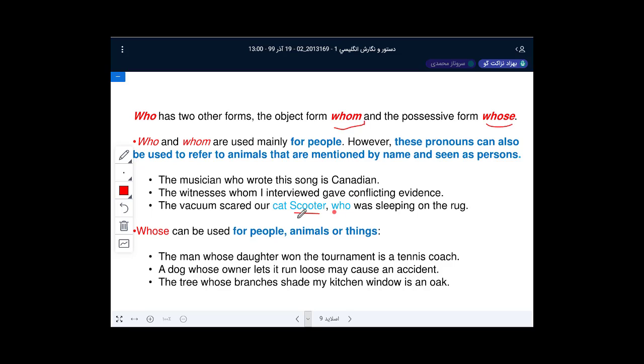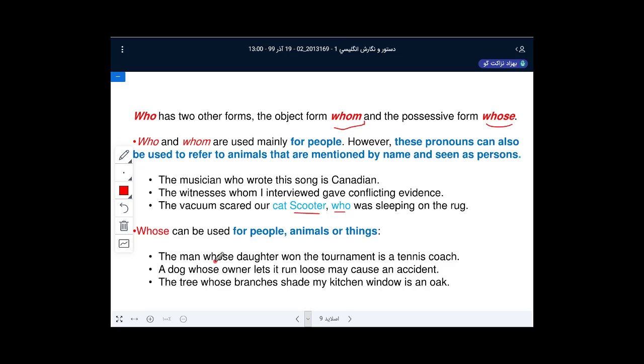So when you just say it as a person and mention it by name, in that case, you are allowed to use who rather than that. And we can use whose for people, animals, and things. It is possible to use whose for animate and inanimate creatures. So whose shows the possessiveness.